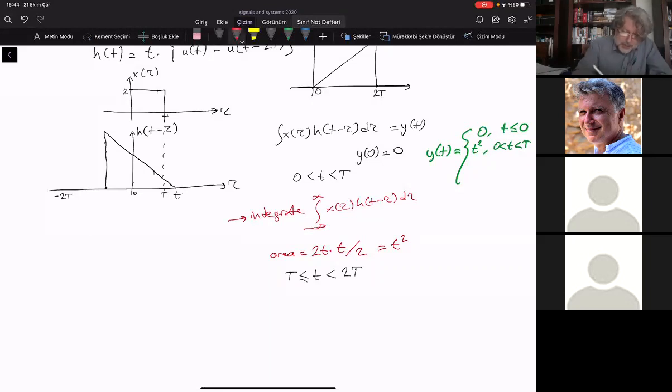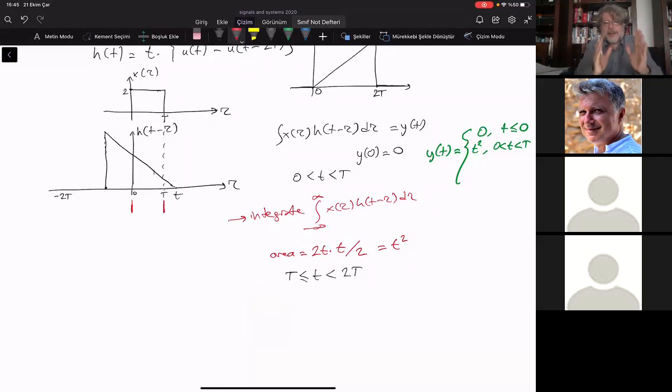So it's this situation. Now, what is the multiplication? The multiplication is again cropped from 0 because of x of tau at the top. To the left of this line that I have drawn, this red line, it is zeros. And to the right of capital T, also because of x of tau, it is 0.